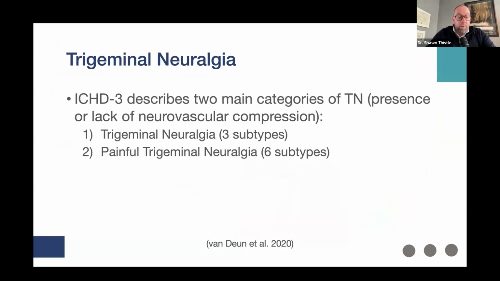Number one is simply called trigeminal neuralgia, and there are three subtypes of that. And then the second one is painful trigeminal neuralgia, and there are six subtypes there. So I won't bore you with those nine subtypes. I honestly don't think it's up to us to precisely identify those.